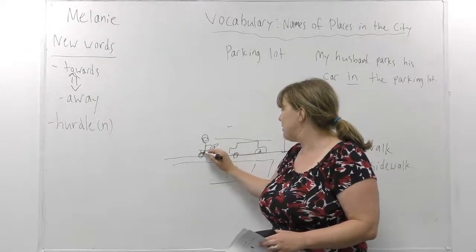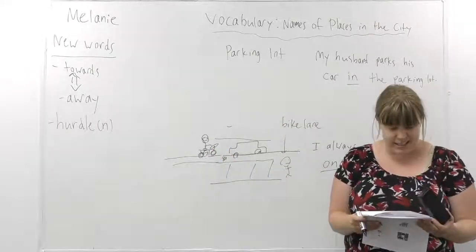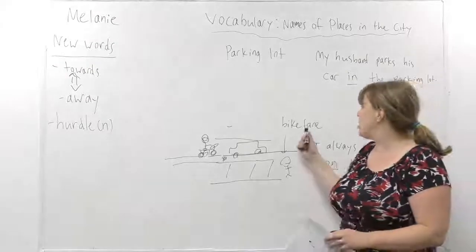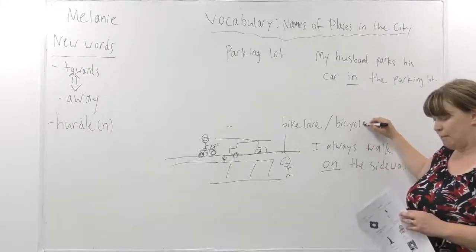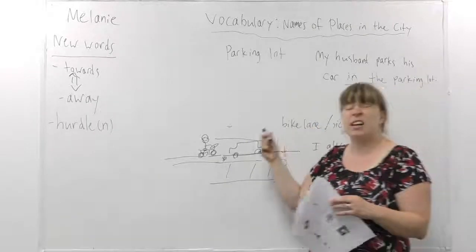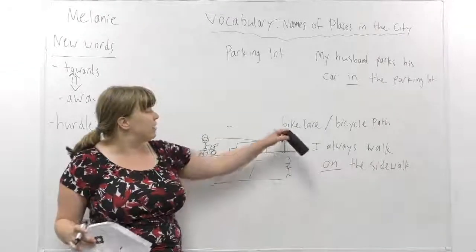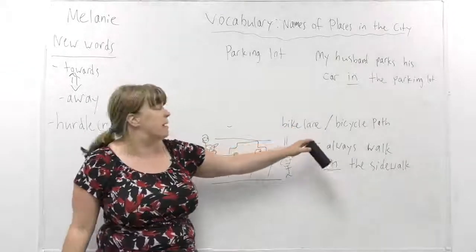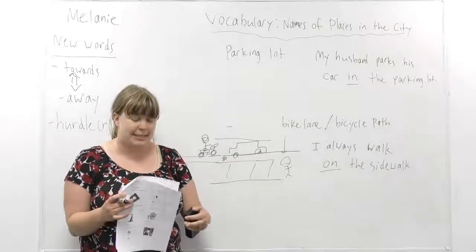You have to forgive me, this is a very bad drawing of a bicycle. It is called a bike lane, right? Yes. So it's called a bike lane, or you can call it a bicycle path. But typically, bike lane is very common in Vancouver. So Vancouver has many bike lanes or many bicycle paths because people love to ride their bikes in Vancouver.